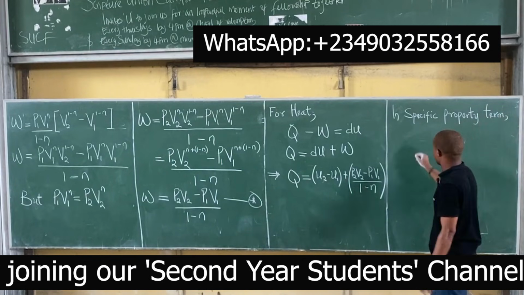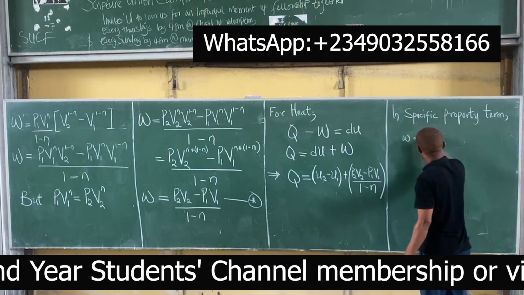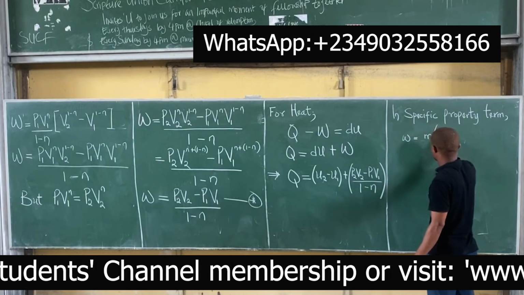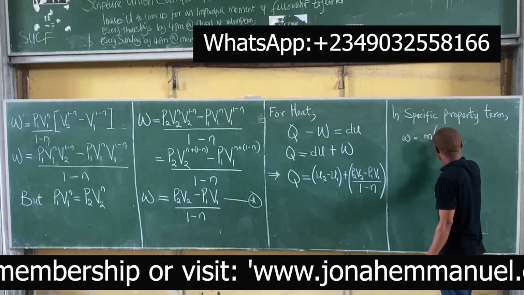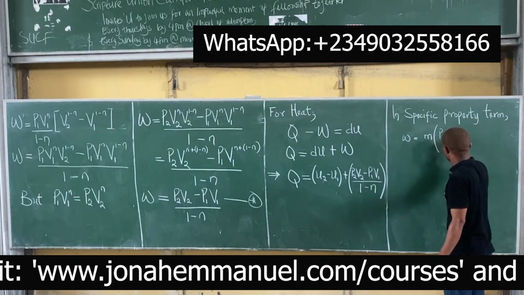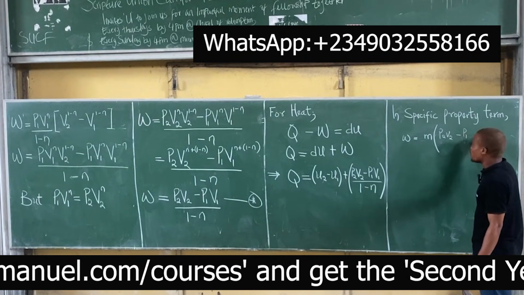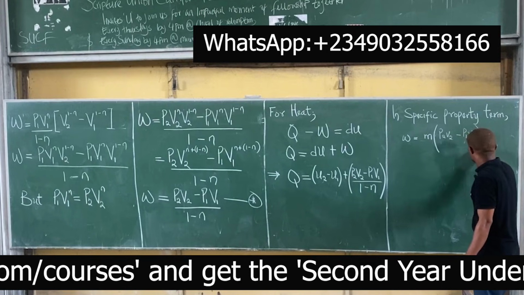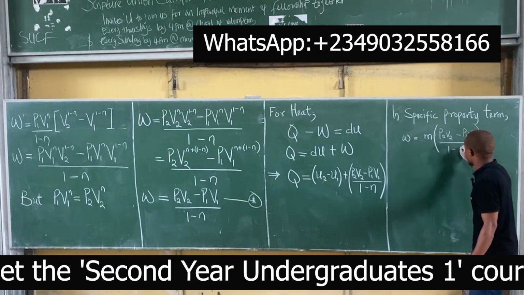Our work done becomes m times bracket P2 specific volume v2 minus P1 specific volume v1, over 1 minus our polytropic index n.